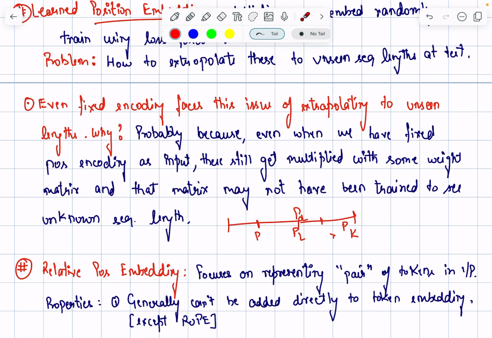So the weight matrix WQ is expecting the positional embedding to be in this particular range, right? It is not expecting it to be in this range. So the values of PK, even when we can calculate it properly in a static manner, this WQ has never seen this particular PK, so it may not generalize very well. Okay.